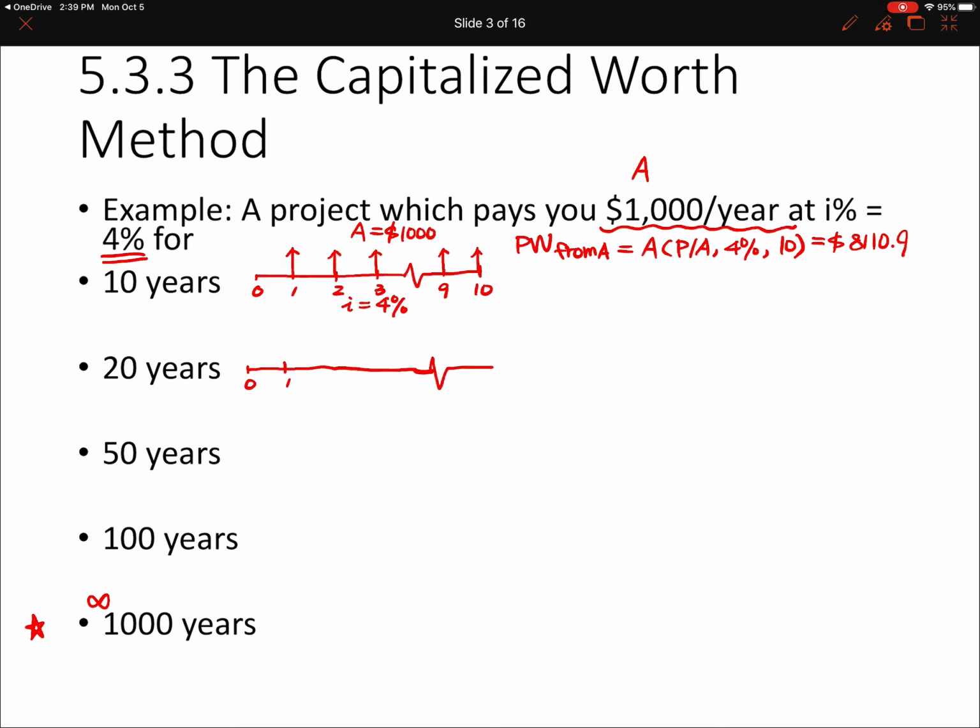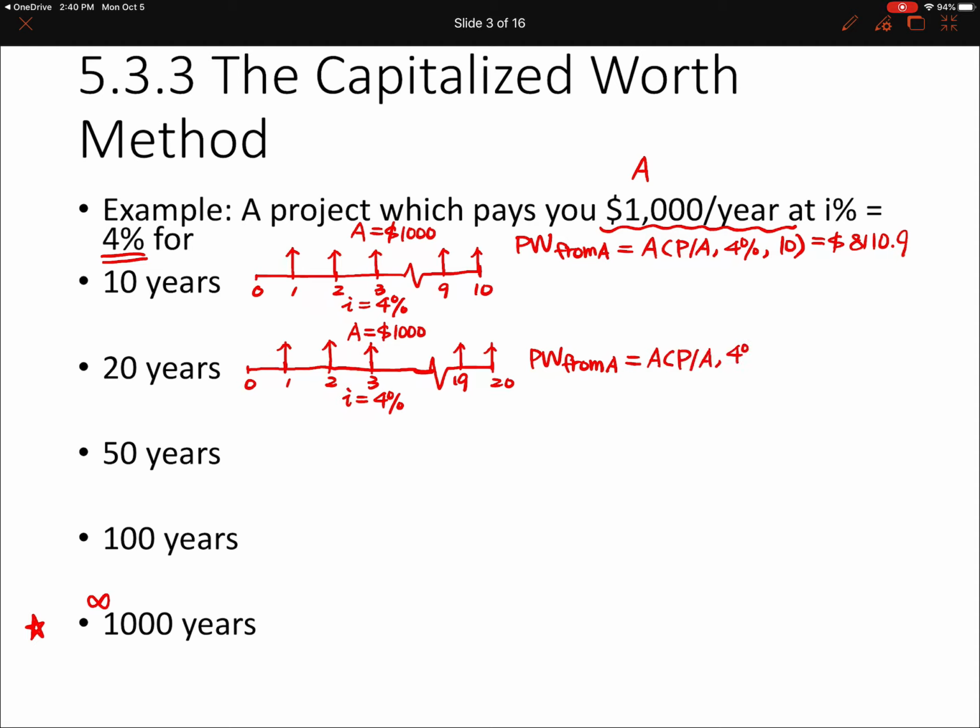Now let's do the second case. Say it's 20 years. So first we still draw this timeline: 0, 1, 2, 3, but we end it at 20. Again, every year you still have that 1,000 that you are receiving, net receiving. i is still 4%.